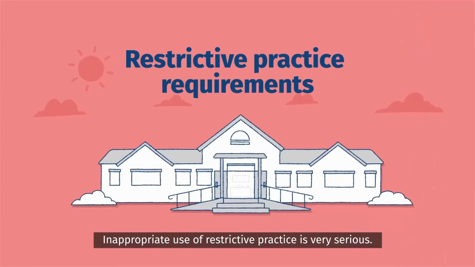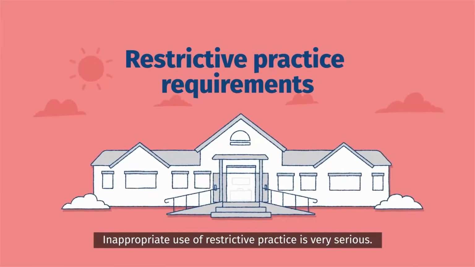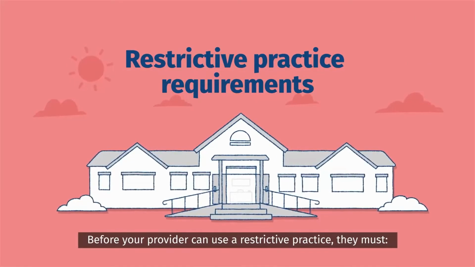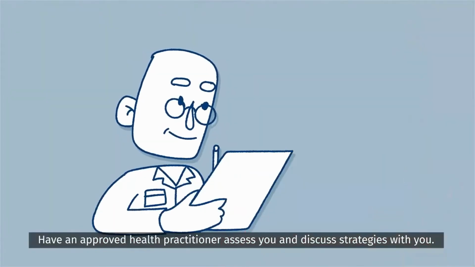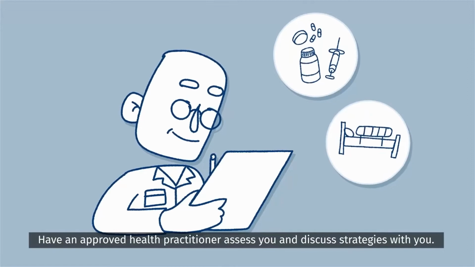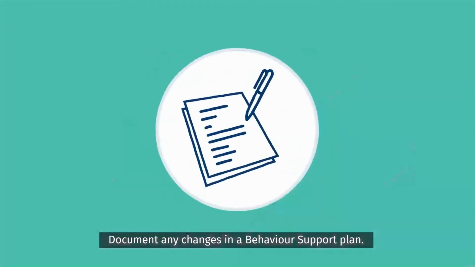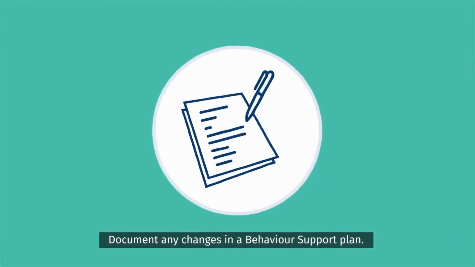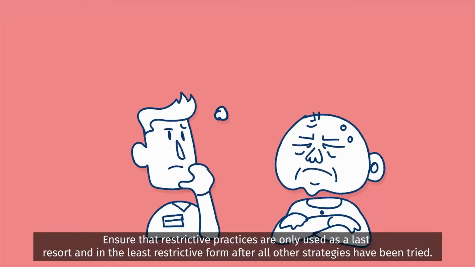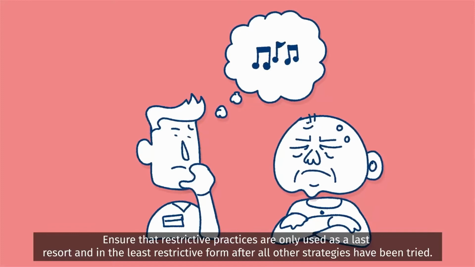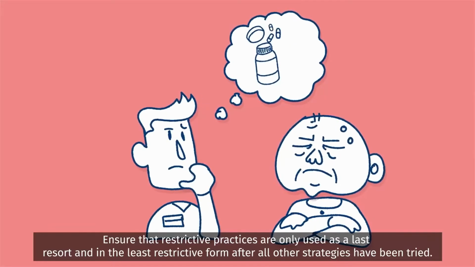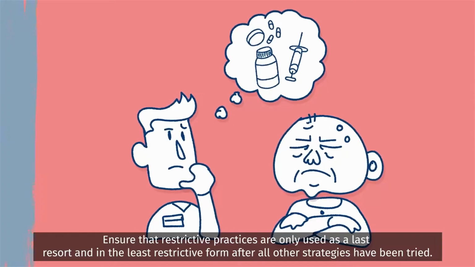Inappropriate use of restrictive practice is very serious. Before your provider can use a restrictive practice, they must have an approved health practitioner assess you and discuss strategies with you. Document any changes in a behaviour support plan. Ensure that restrictive practices are only used as a last resort and in the least restrictive form after all other strategies have been tried.